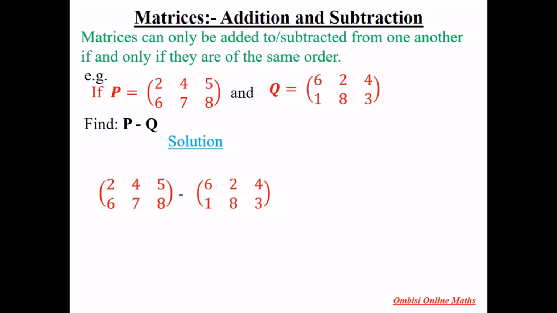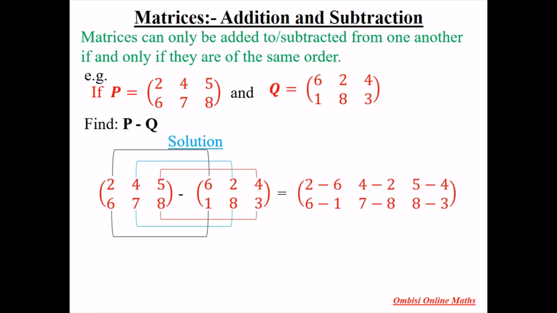The same way we added matrices, we are going to subtract matrices: the first element in the first row minus the first element in the first row of the second matrix, the second from the second, the third from the third. Come to the second row, the first from the first, the second from the second, and the third from the third.